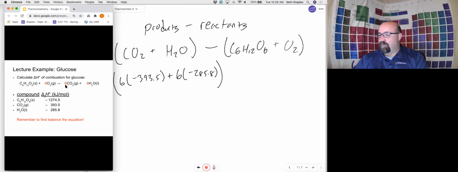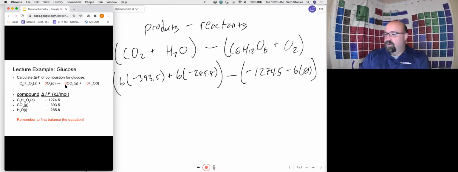So there's the heat of formation total of our products. We're going to subtract our reactants. We look on the table for our value of glucose, negative 1274.5. We have 6 O2s, but that gets a value of 0. And so there's our setup.